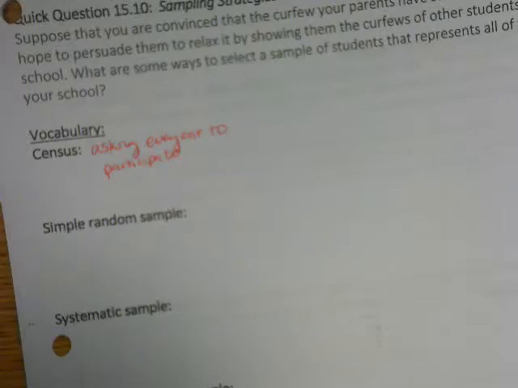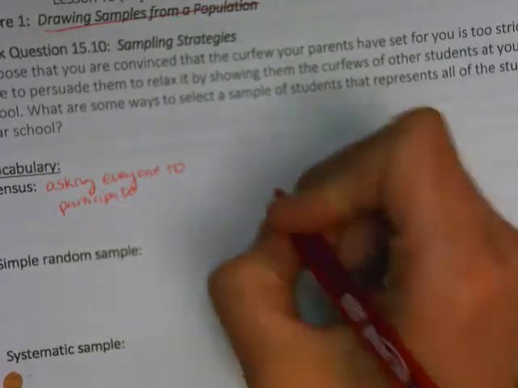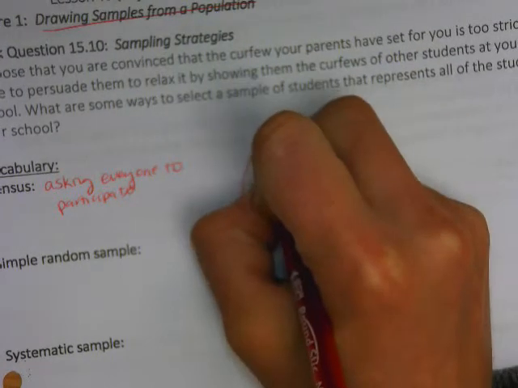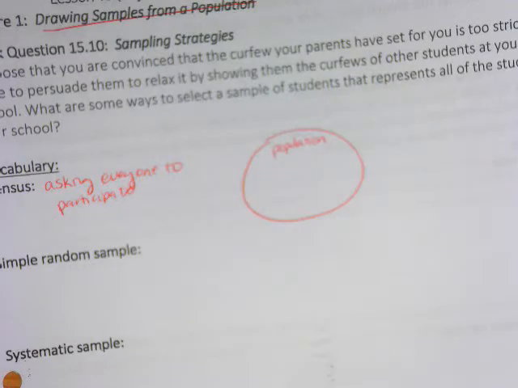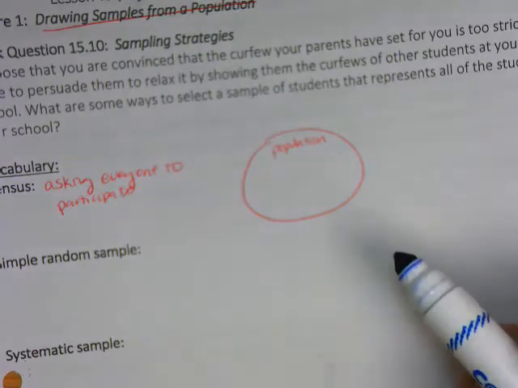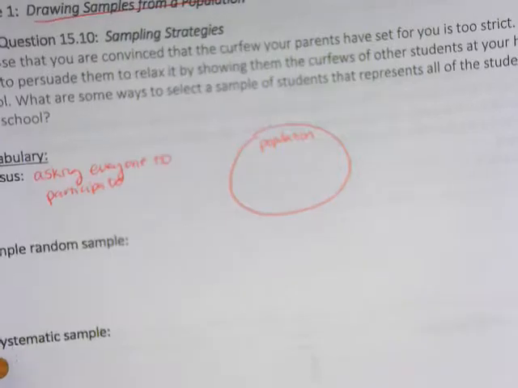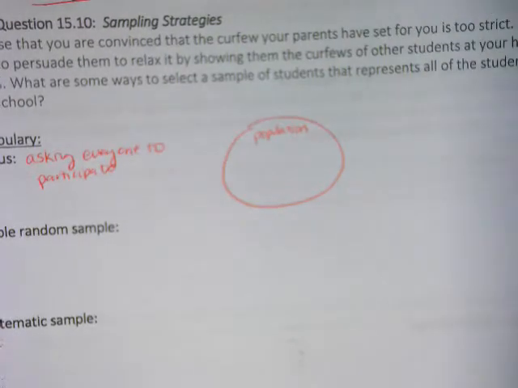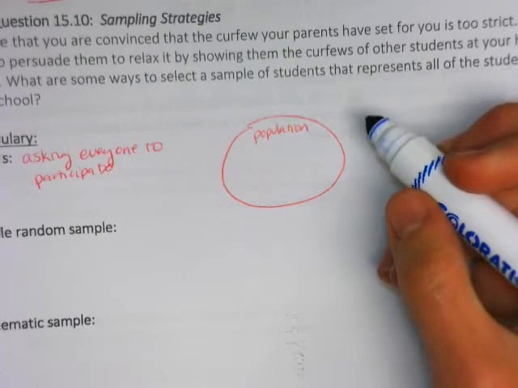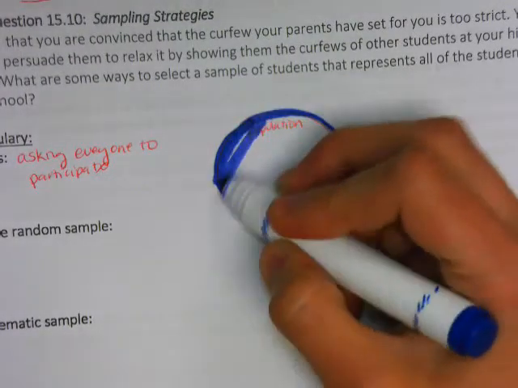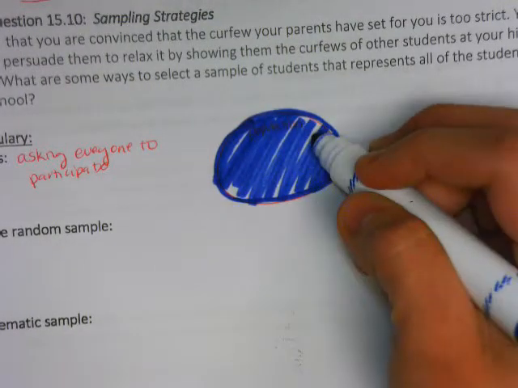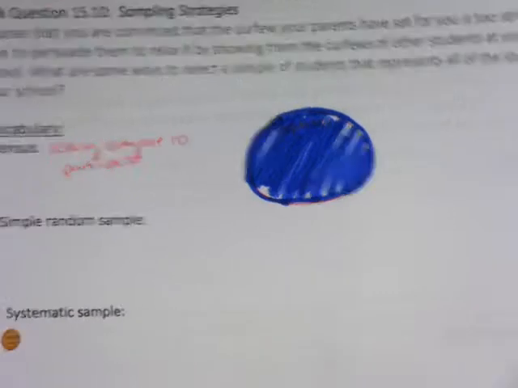So, for instance, if here is our population, and if blue represents the participants, then if we ask everyone to participate, this whole thing gets filled in. If these are the people we're asking to participate.